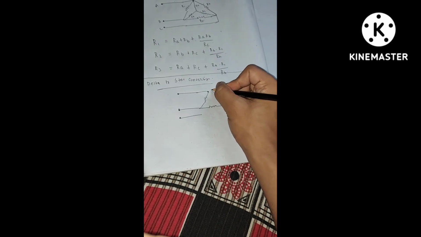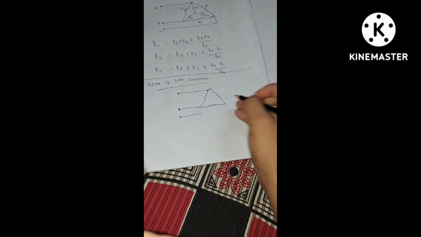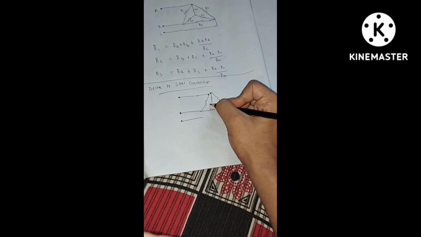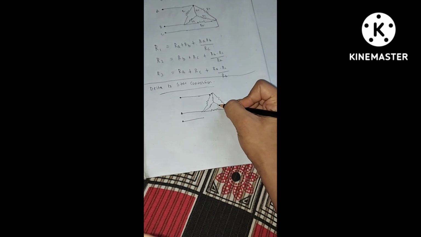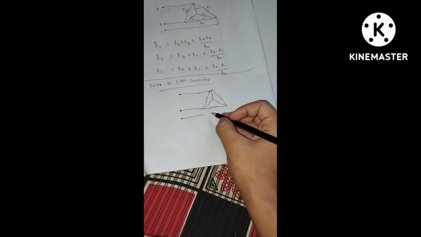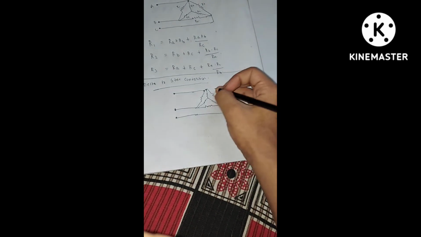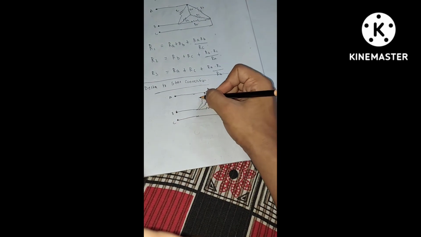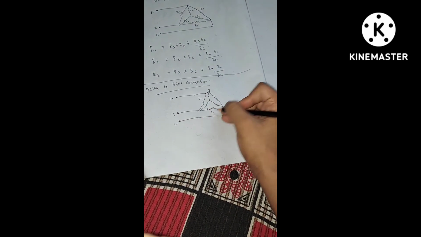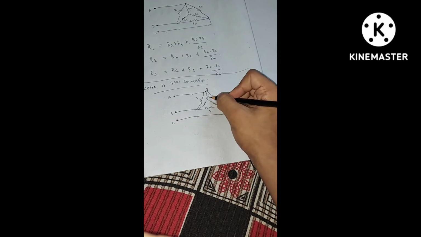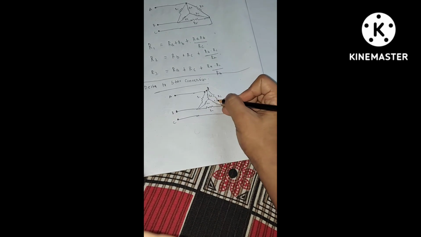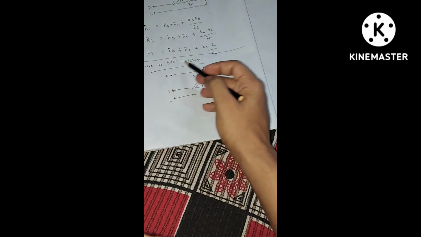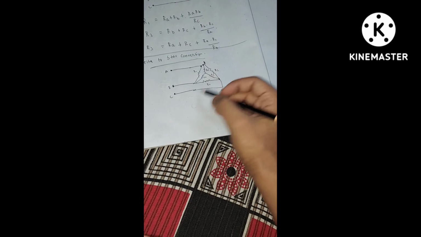Again draw inside RA, RB, and finally RC, and join the terminals. So now, for delta to star, we will find the inside ones: RA, RB, RC.